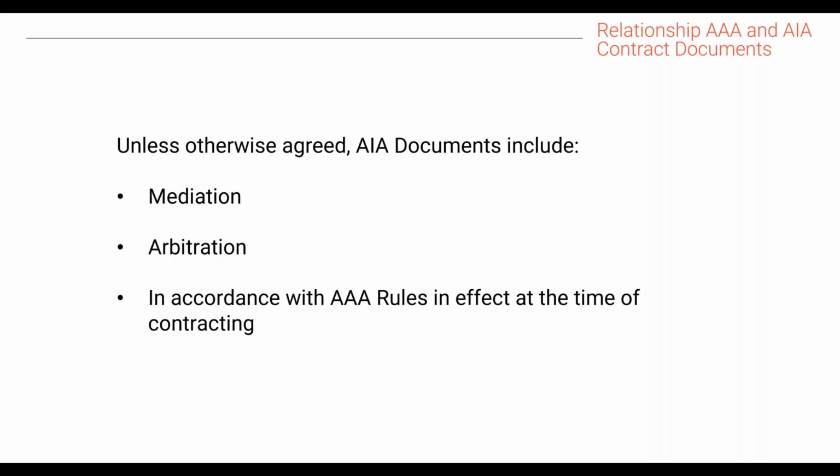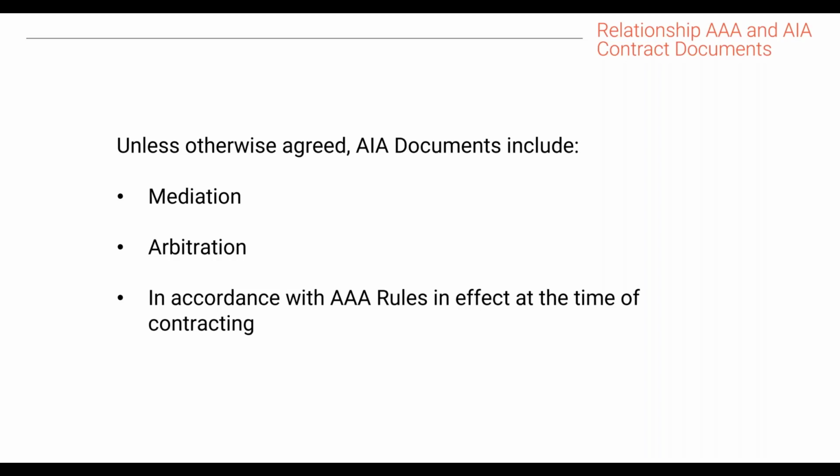And in both instances, the AIA default is that mediation and arbitration would be conducted in accordance with the American Arbitration Association rules that are in effect at the time of contracting. And I'll explain a little more.